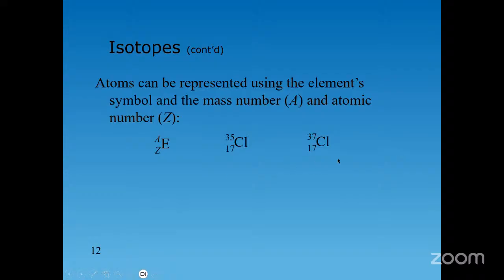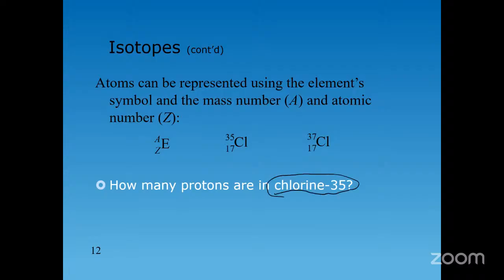And as I said before, there's another way of representing isotopes. You can use this representation right here, or you can use Cl-35, which is understood to mean the same thing. It doesn't matter which one you use.